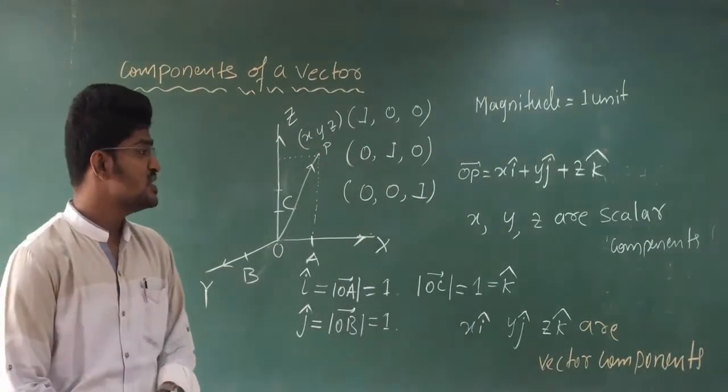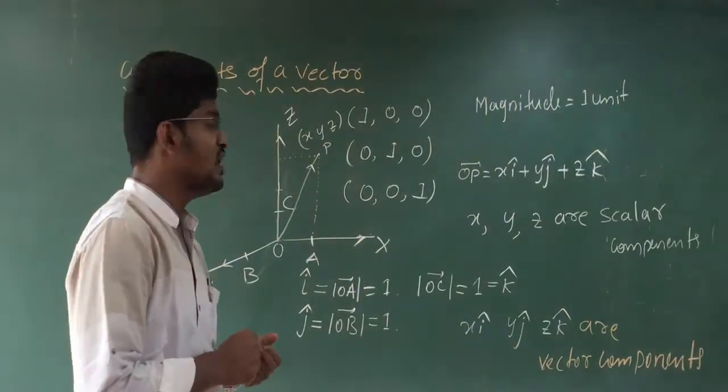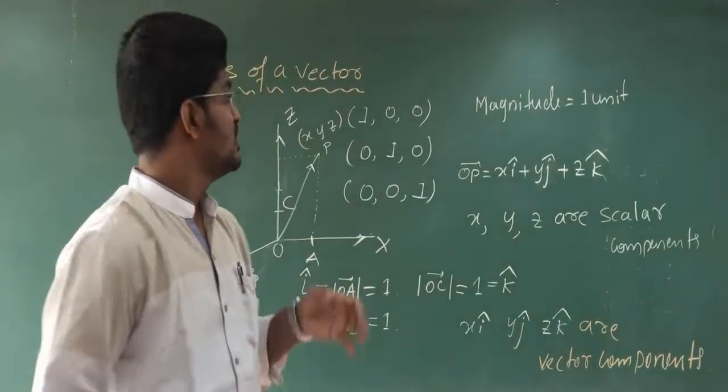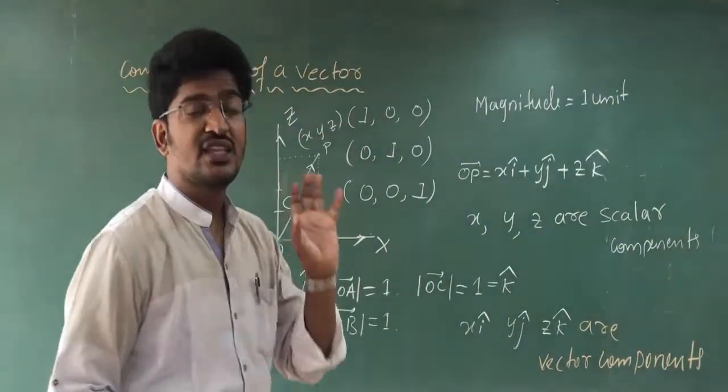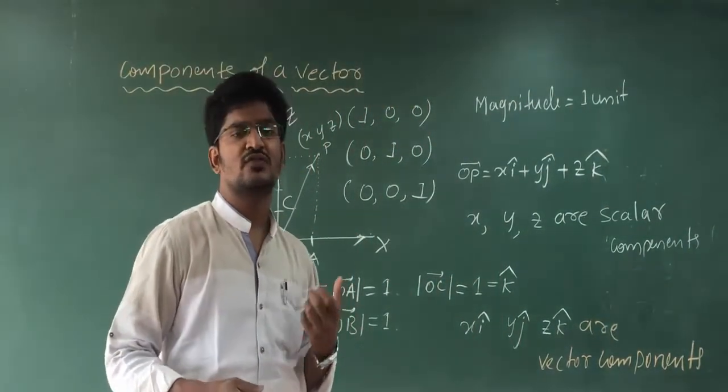So these things are the basics that you must know in the vector topic. Clear? I cap, j cap, k cap are the unit vectors in the direction of x, y, z. The length of i cap will be 1 unit, the length of j cap will be 1 unit, the length of k cap will be 1 unit.